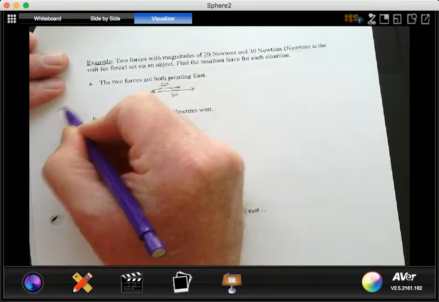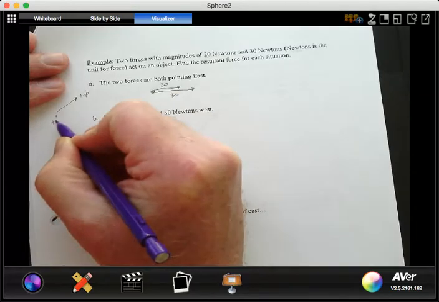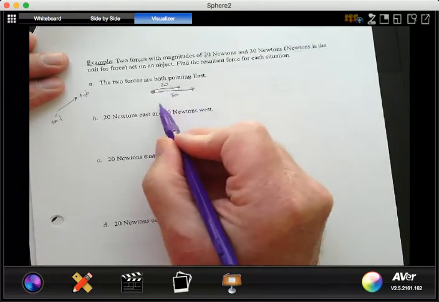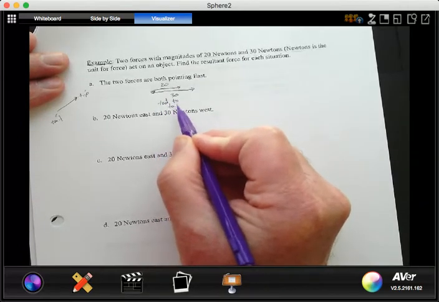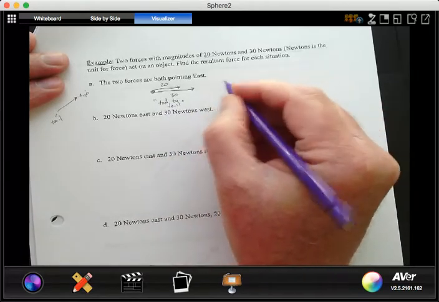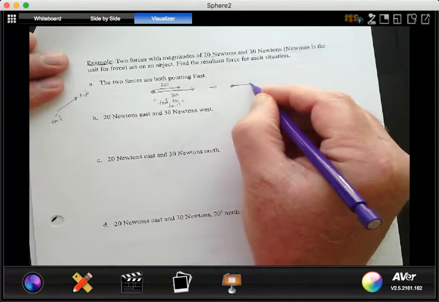Now, when I think of a vector, this end is its tip, and this end is its tail. Tip is the pointy end, tail is the other end. Right now, these are tail to tail. To add them, I have to make them tip to tail. So I'm going to redraw it. So I'll draw my 20.